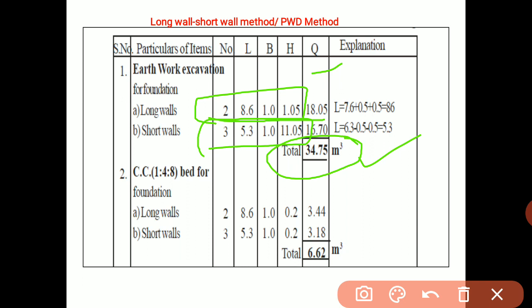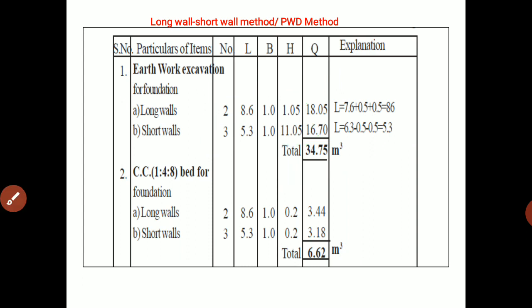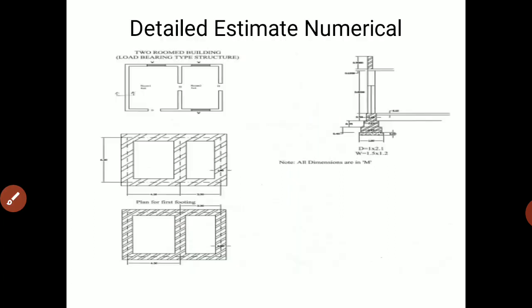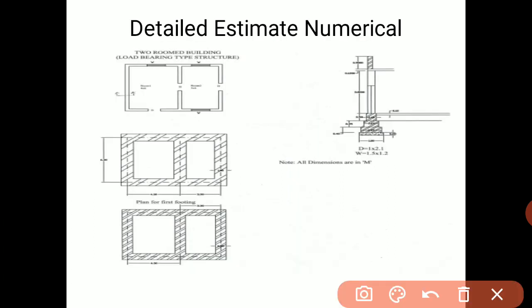Clear? Then the next item of work is cement concrete 1:4:8 bed for foundation. Again, all the time you are going to take the dimensions from this section.